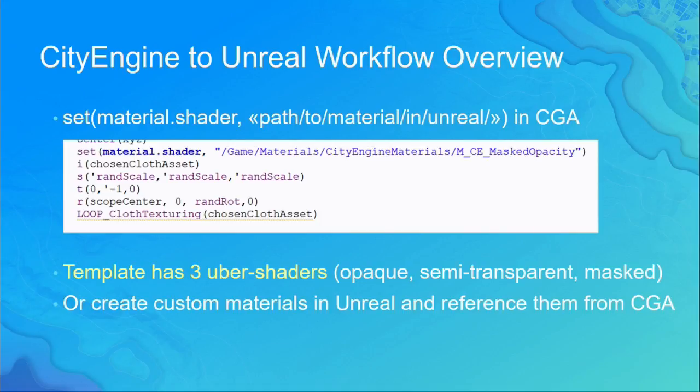In our CityEngine VR template we have three so-called Übershaders: one for opaque materials, one for semi-transparent materials, and one for masked. Masked means that the transparent parts are actually discarded. But you can also create custom materials in Unreal and then control them via name.